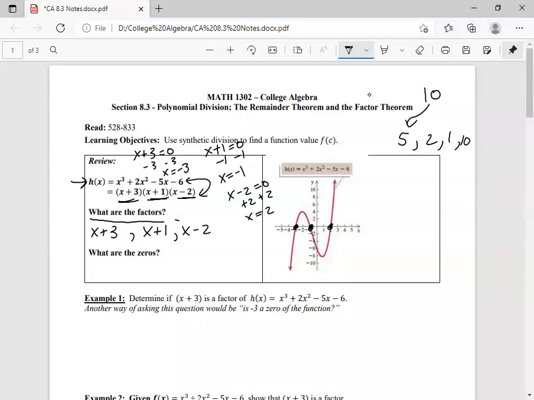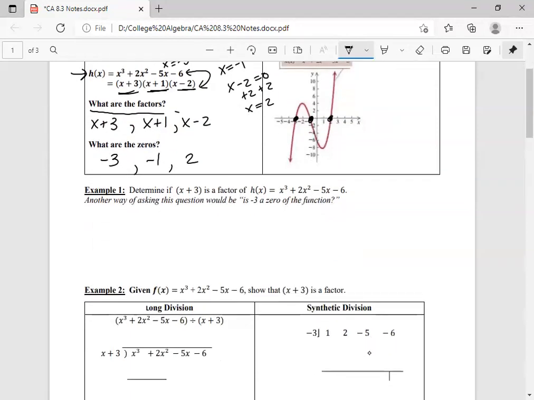Well, the zeros that go along with those factors are -3. They're always the opposite of whatever's up here, right? -1 and 2. When we solved x plus 3 equals 0, we got -3. That was a 0. Those are your x-intercepts that we plotted. Okay, so everybody okay with that?